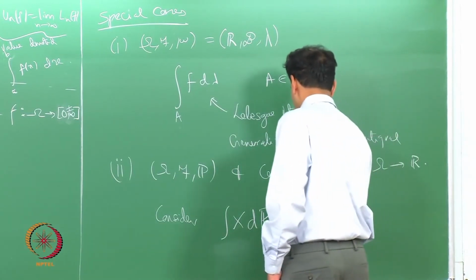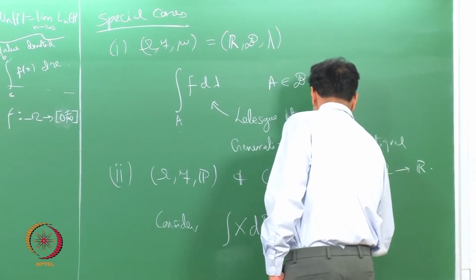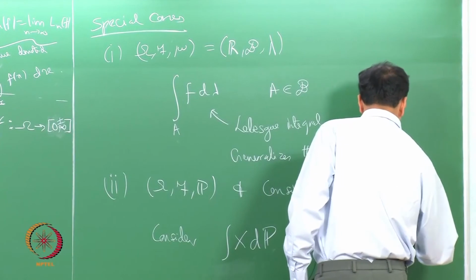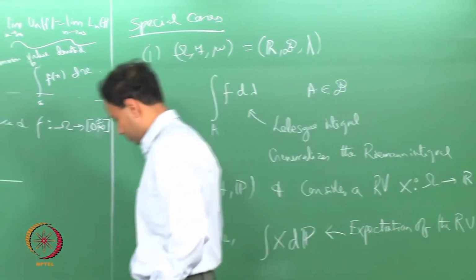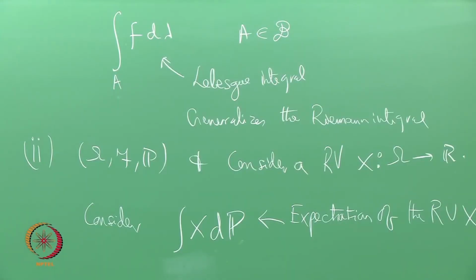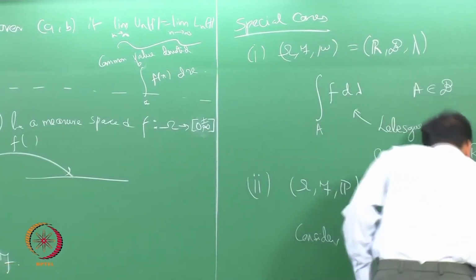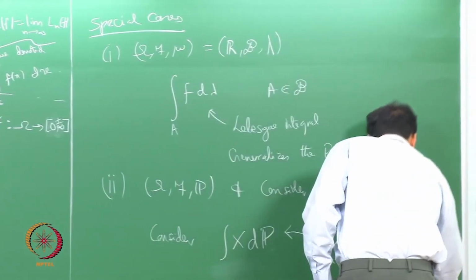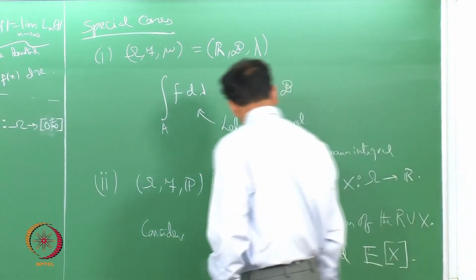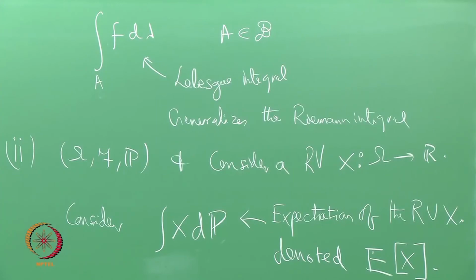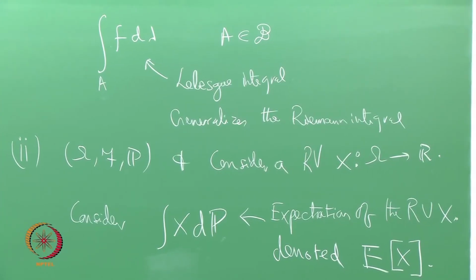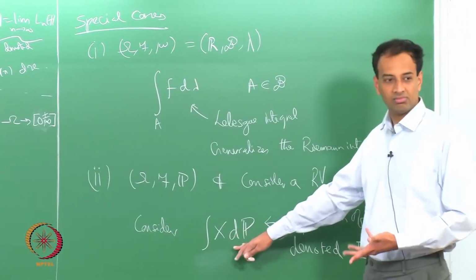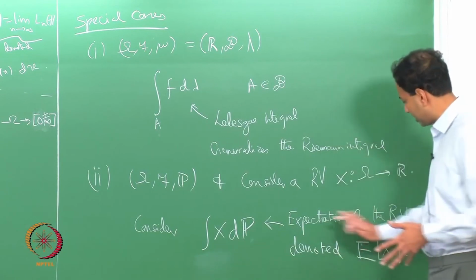This integral is called the expectation of the random variable X, and it is denoted by E, square bracket, X. So, given X, this integral will be some number, and this number is called the expectation of the random variable X.